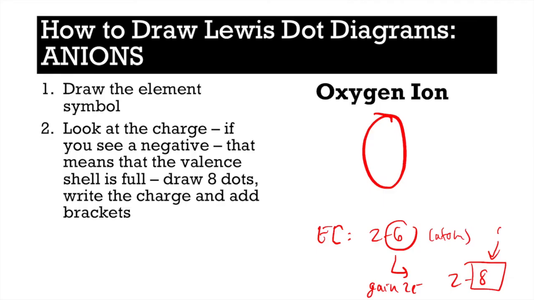Now that would be your ion. And if you're gaining 2 electrons, that's that 2 minus. So gain 2 electrons. So when we're drawing this, we do 1, 2, 3, 4, 5, 6.